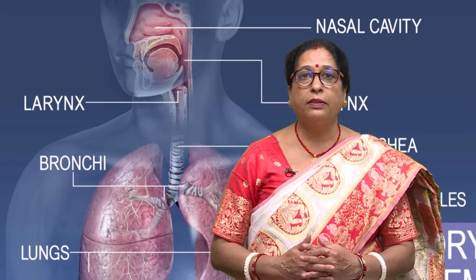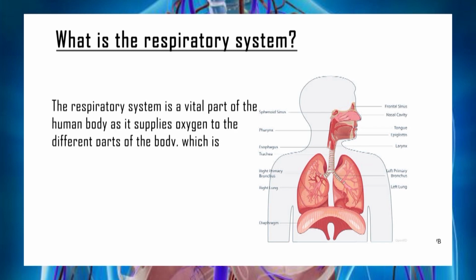How do we respire? The respiratory system is a vital part of the human body, as it supplies oxygen to the different parts of the body, which is necessary for survival. The respiratory system consists of the set of organs and tissues involved in the uptake of oxygen from the atmosphere and the release of carbon dioxide generated during aerobic respiration.